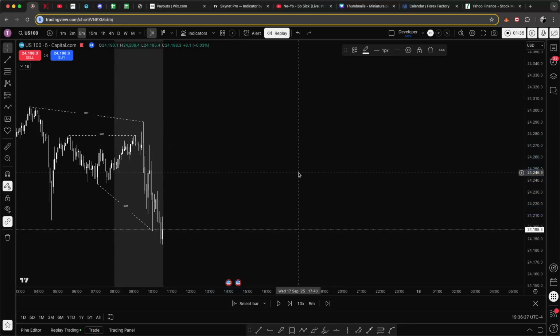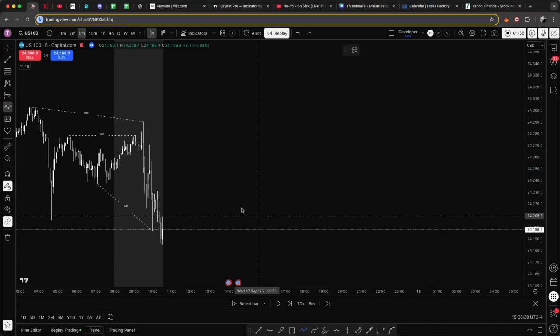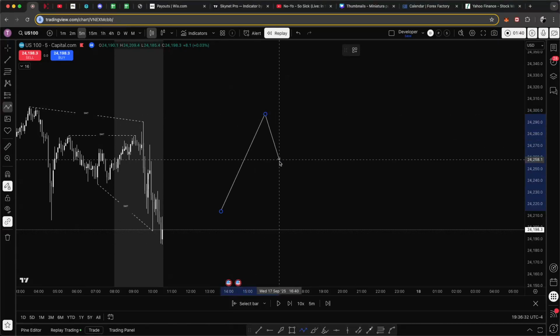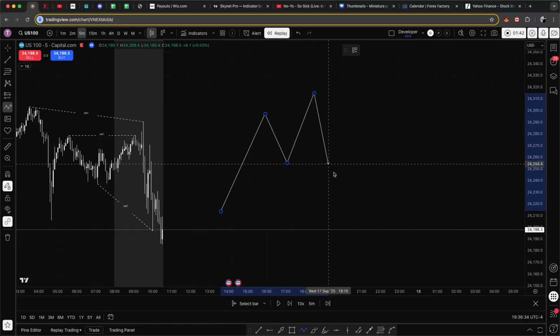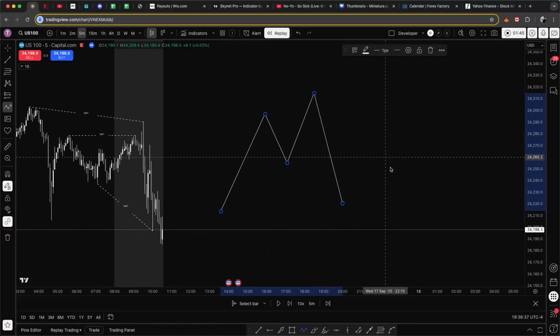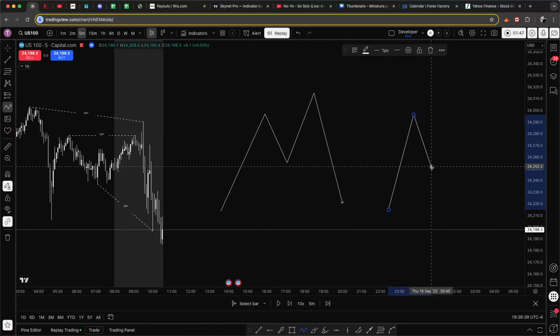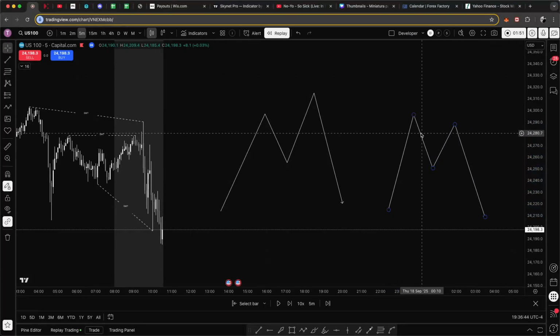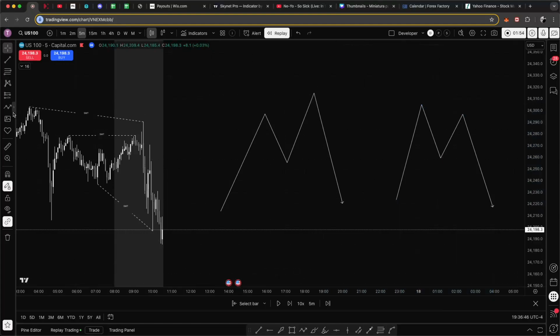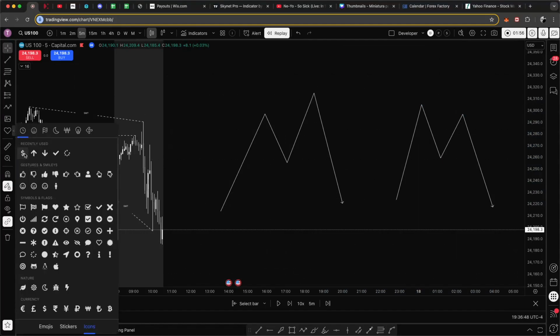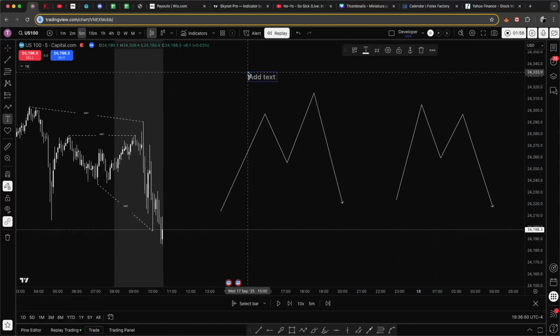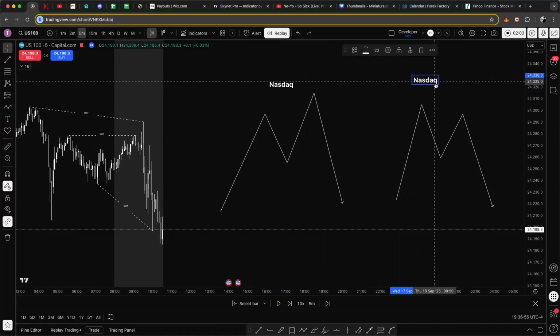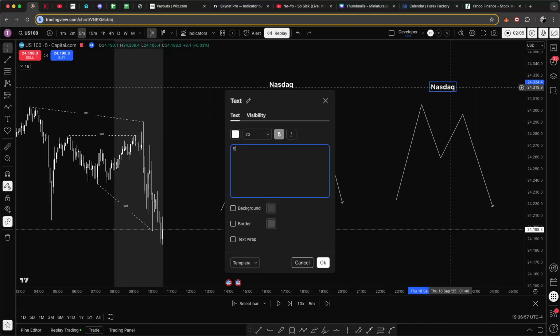So, for example, right here, I don't want to take much time because I'm sure you have seen some other videos on YouTube about SMTs. So I'm going to be using this example here. This is Nasdaq on the right side, and right here, this is S&P 500.